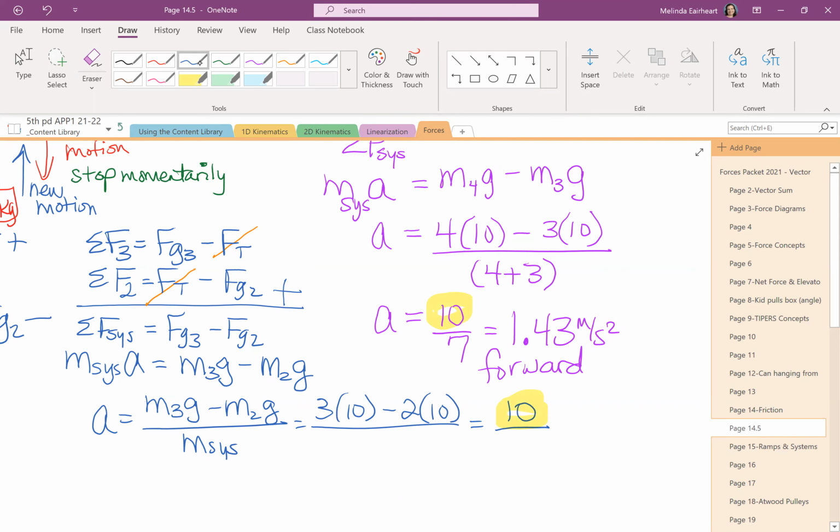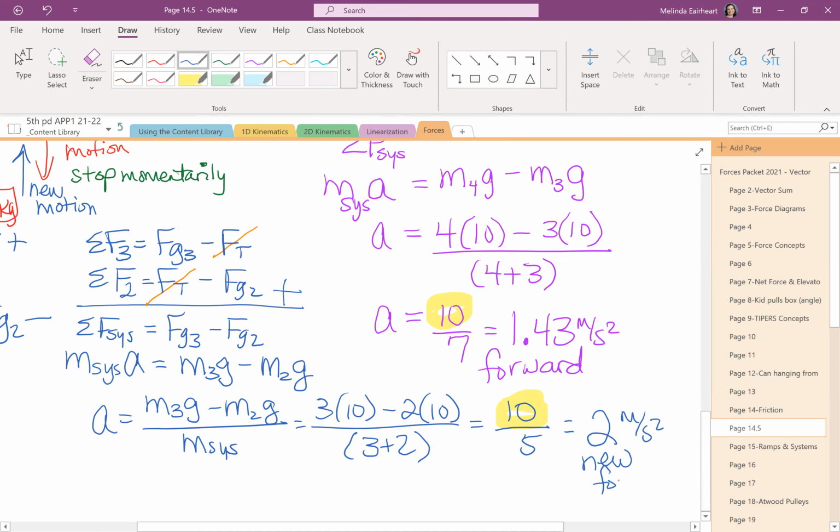With the mouse and that bottom block gone from the system, what's our system mass? 5. And so our new acceleration would be what? 2 meters per second squared in the new forward direction.